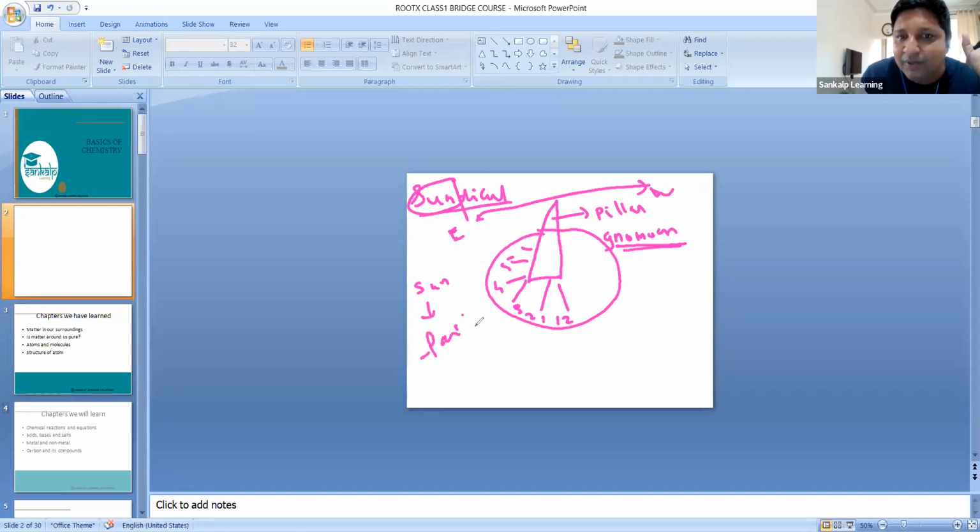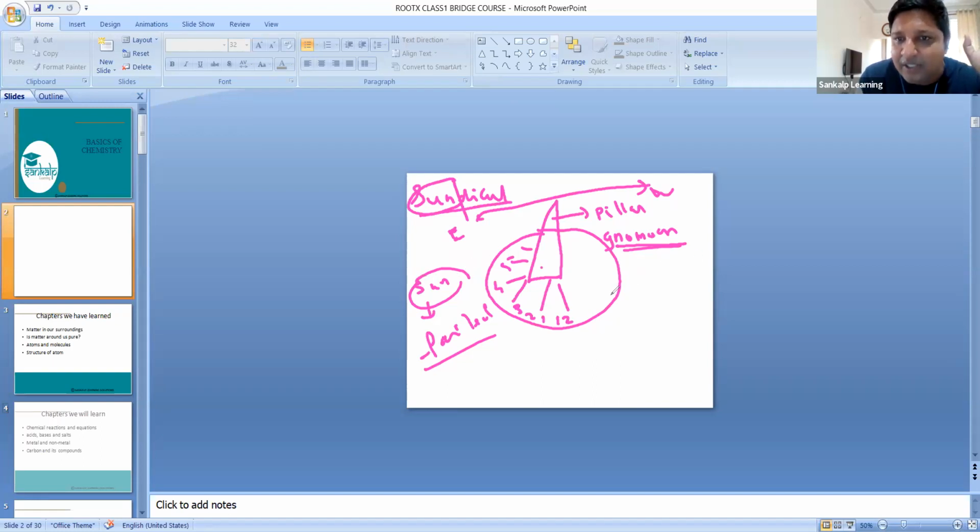You can't use this device during the night, you can only use it in the daytime. It works based on shadows. On whichever number the shadow of this gnomon is falling, that will be the time at that particular hour. Understood how the sundial works? It works only in the daytime, when the sun is there.